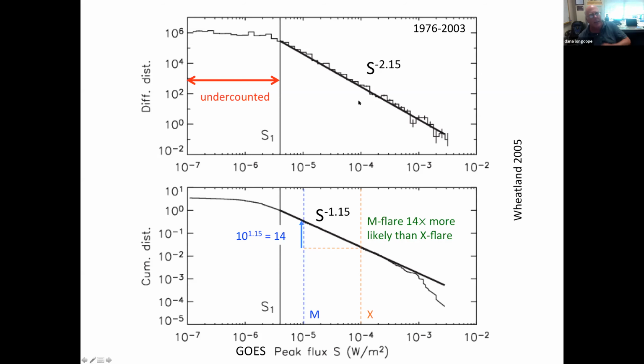And actually, it's the integral of this that you would want to know. The classification level to the minus 1.15 tells you that there are 14 times as many flares above M class as there are above X class. Here you can see many years of this flare statistics. You'll notice this rolls over. These are undercounted.